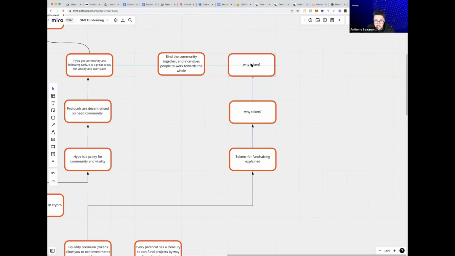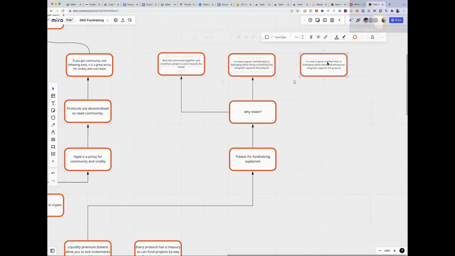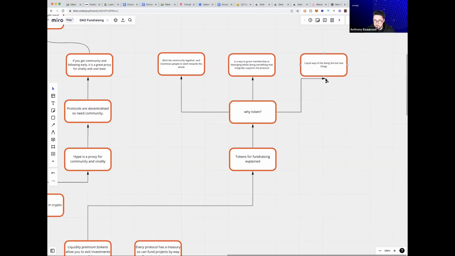Two, it is a way to grant membership or belonging whilst doing something that integrally supports the protocol. And three, it's a liquid way of doing the last two things, a way that allows me to come in and out very quickly.